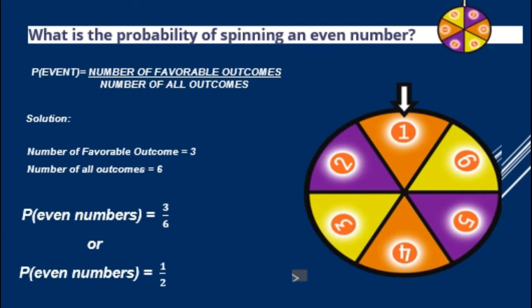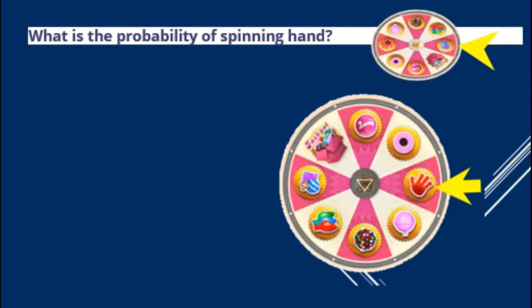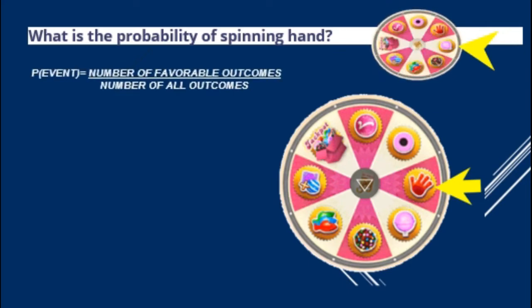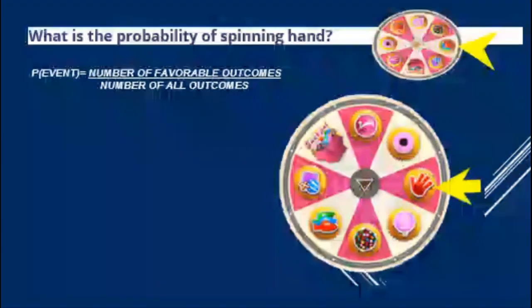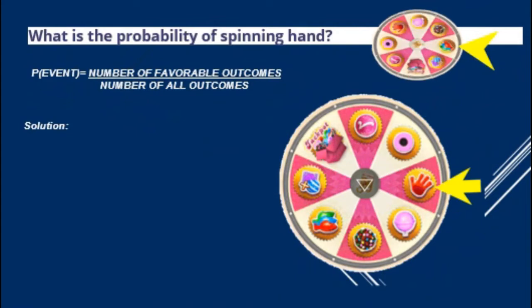Alright? Next, what is the probability of spinning hand? So we have here an illustration. Again, let's write our formula. P of event is equal to number of favorable outcomes over number of all outcomes. So for our solution, the number of favorable outcomes here is, very good, we only have here 1 hand.